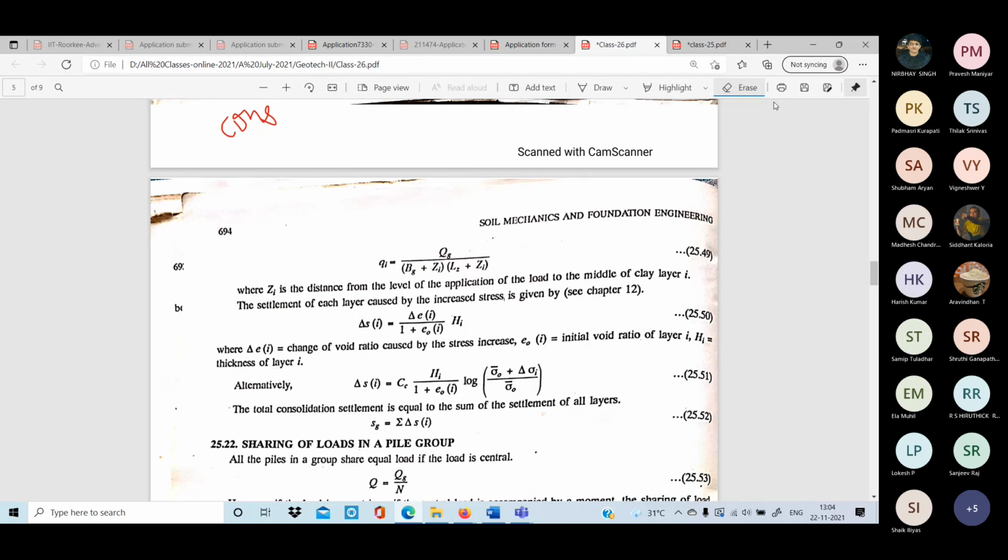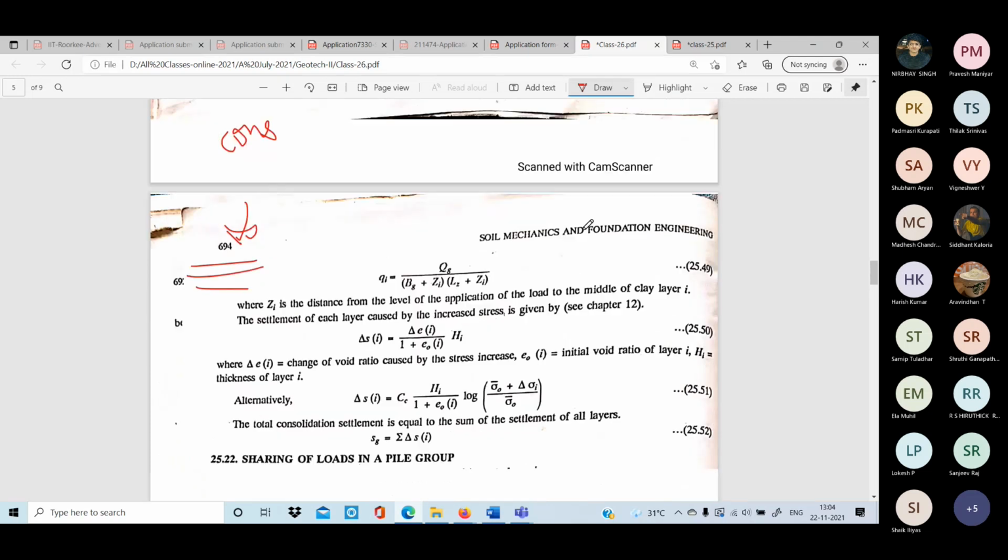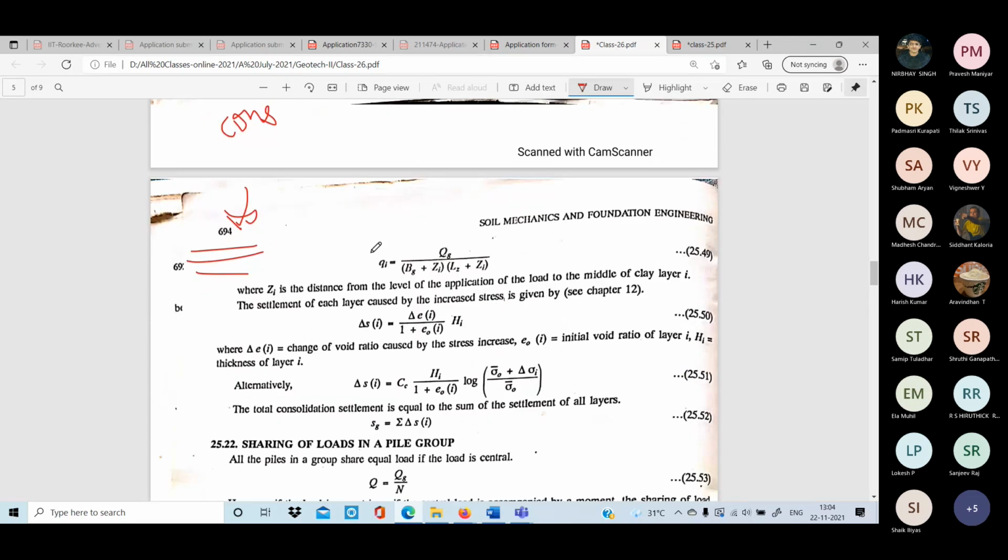Suppose we have a soil, a group of piles in different layers. How to find out this increase in stress? By using Boussinesq's and Westergaard's theory. Westergaard's theory is used for layered soil. Boussinesq's theory is used for point load. Okay, so same formulas. What we'll do is we'll find out this particular increase in stress.